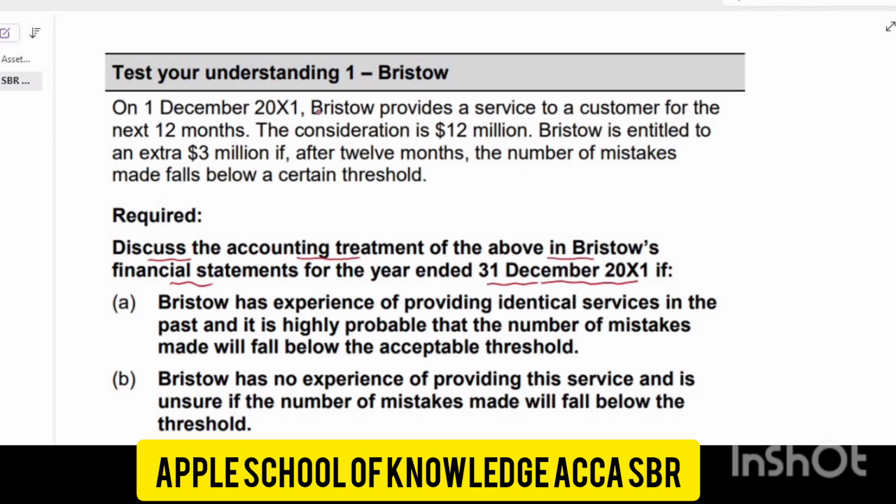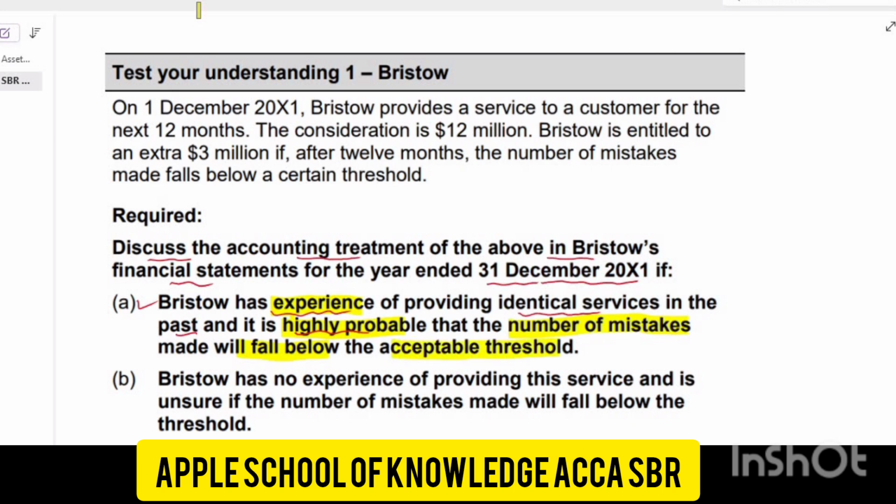If B has experience of providing identical services in the past and it is highly probable, let me change the... you see, the company has high experience of this sort of product in the past, and it's highly probable that the number of mistakes, so this is the condition, will not fall below the acceptable threshold.